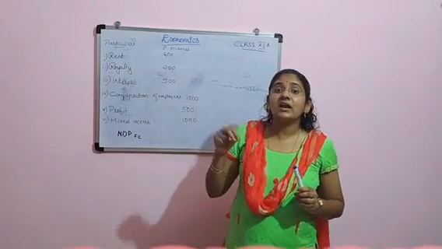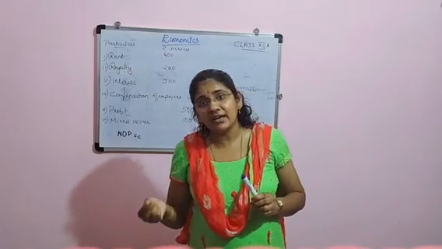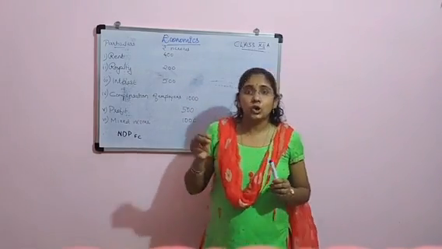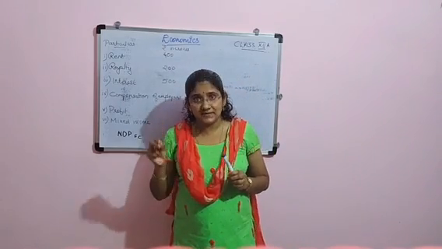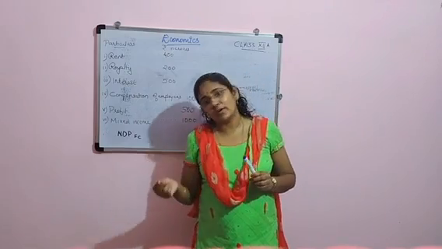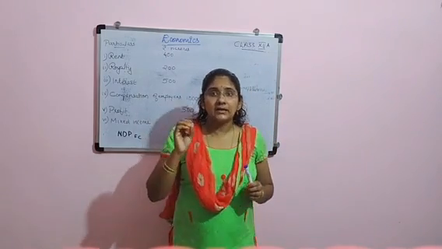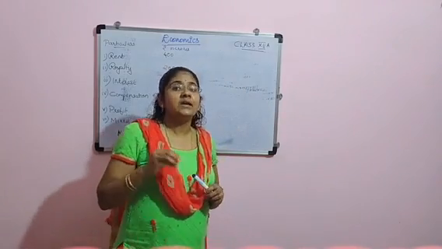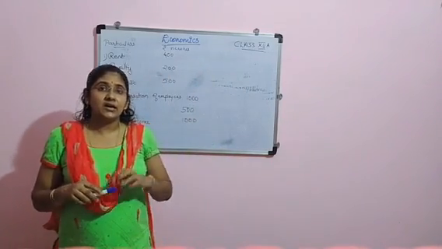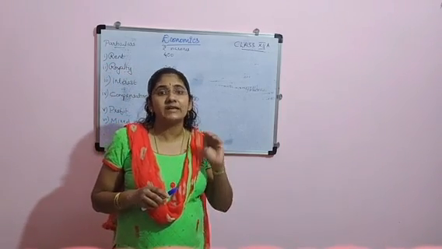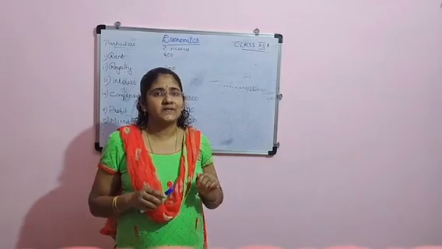Secondly, when we add NFIA, net factor income from abroad, to the domestic income, or domestic product, we get the national income, or national product. And next is net indirect tax. When we add net indirect tax to the factor cost, we get the market price.